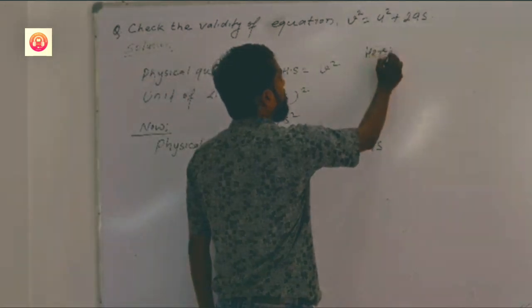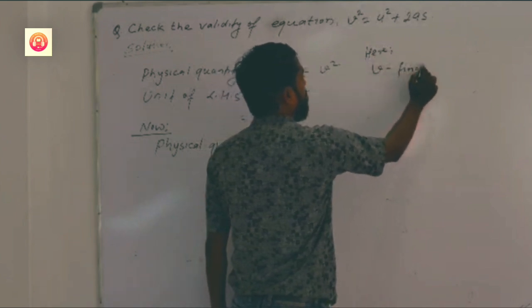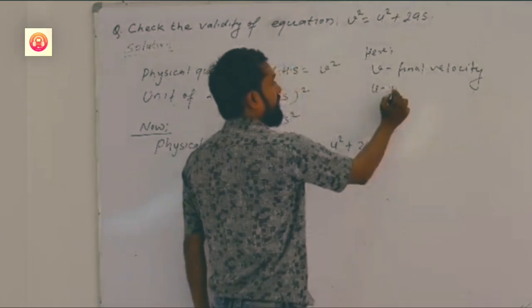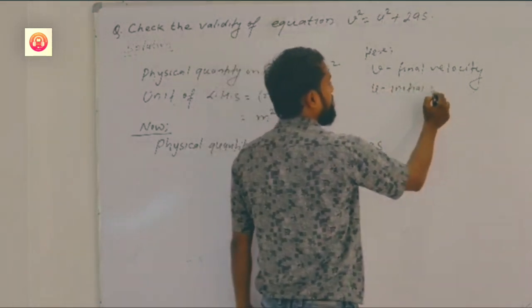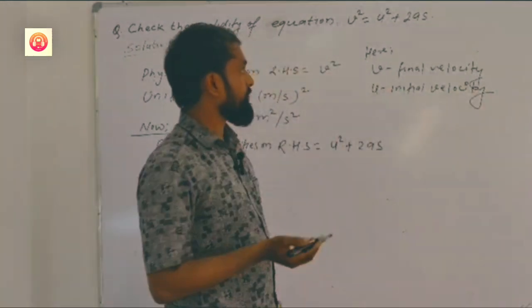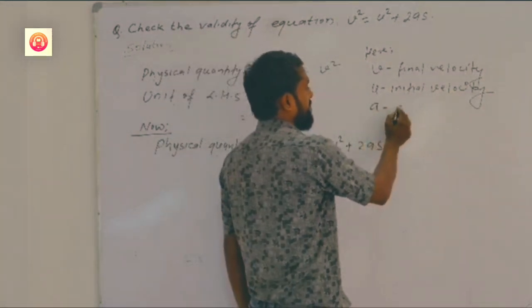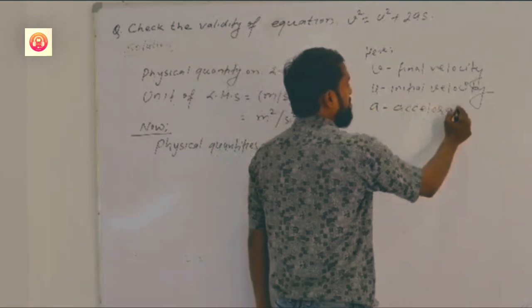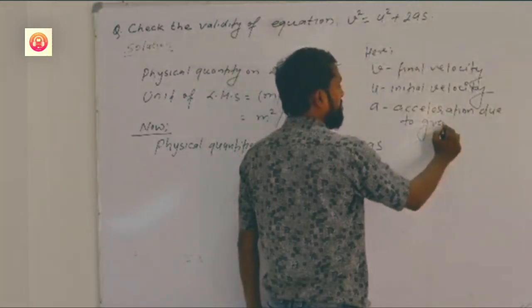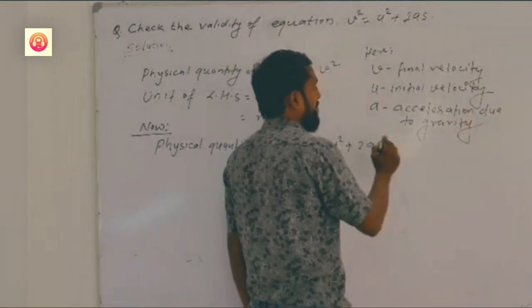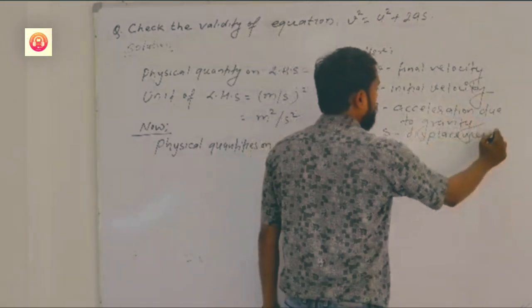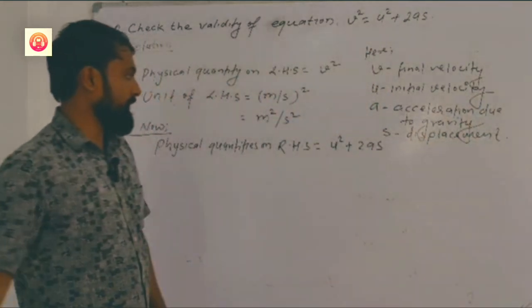In this question, v is our final velocity, u is our initial velocity, both of them are velocity. So 2 is a constant, a is acceleration due to gravity and s is displacement. These things make us clear.